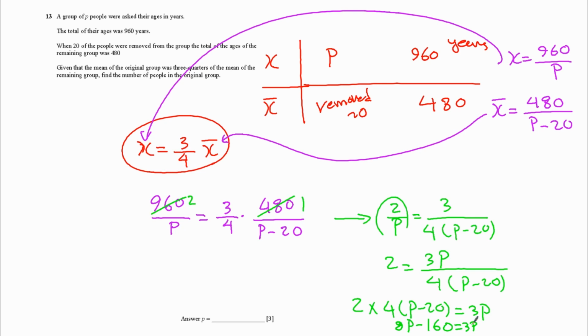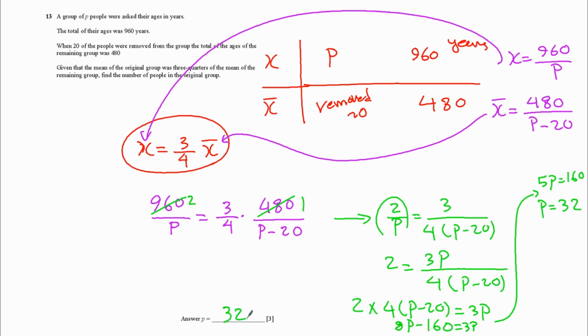So 5P equals 160, and from here, P would be equal to 32. So what we are saying is that the original number of people in here was 32.